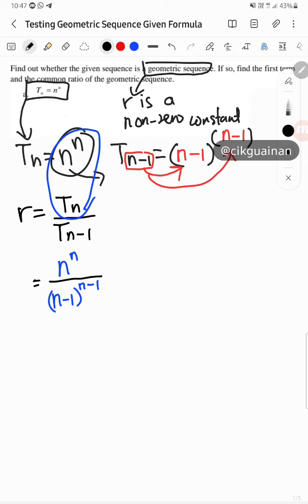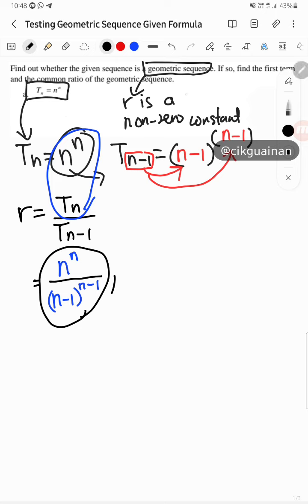That's fine. So what is the answer? There's not much we can do to simplify this, because over here the n is also to the power of n, and it doesn't change. We cannot simplify. So we have this expression, and we know that by having different n, it will result in a different value of r.